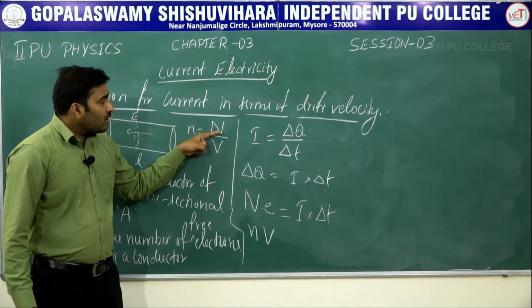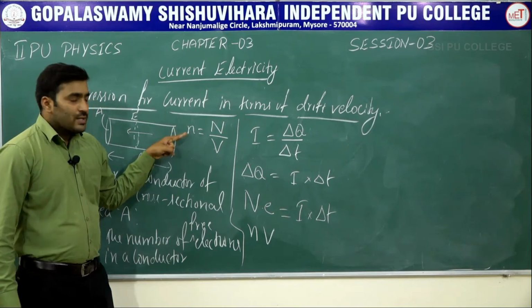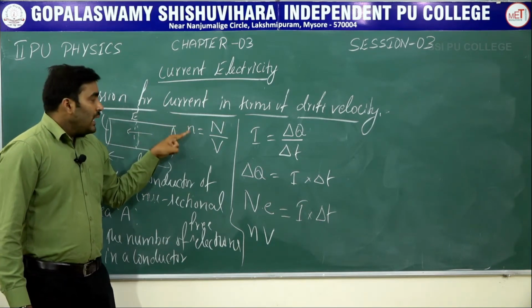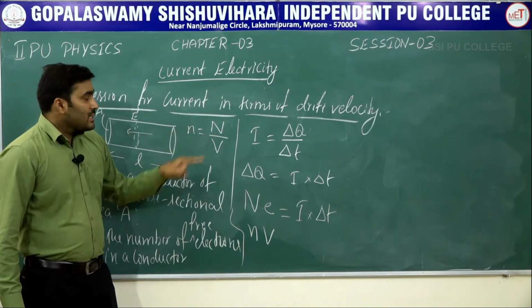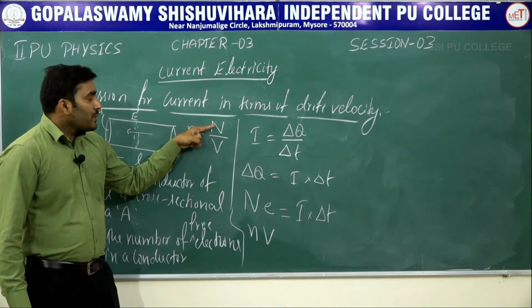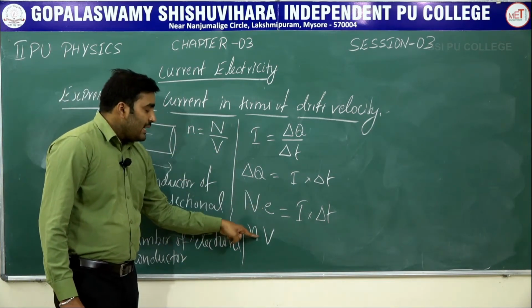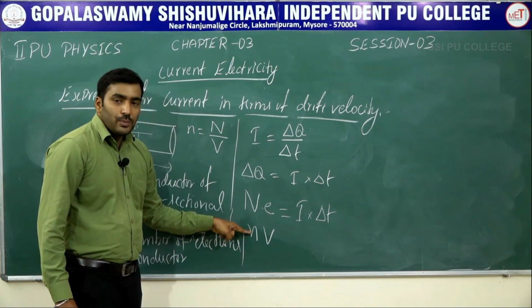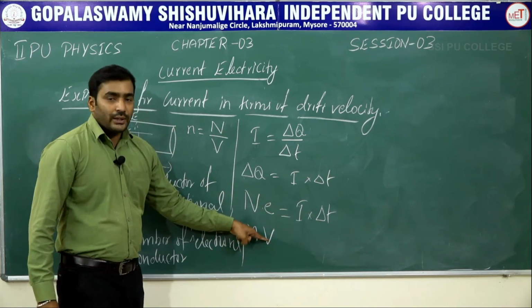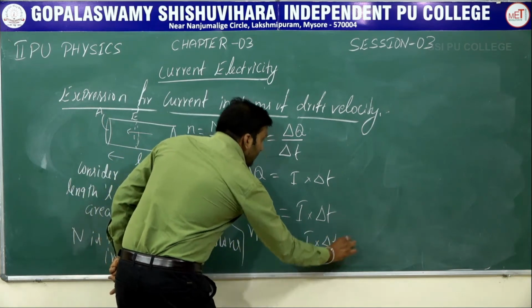The total number of electrons divided by volume gives number density of electrons. This small n is known as electron number density, that is the number of electrons present per unit volume. So this N is replaced by n into V, that is number of electrons per unit volume into volume of the conductor. So n V e is equal to I into delta T.